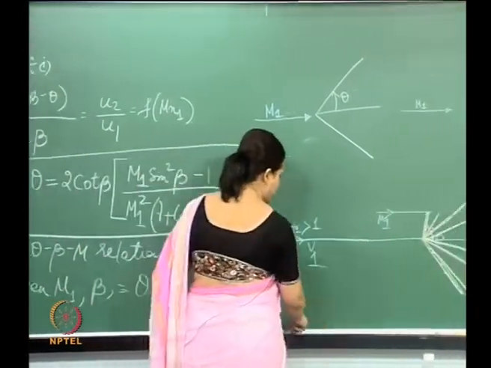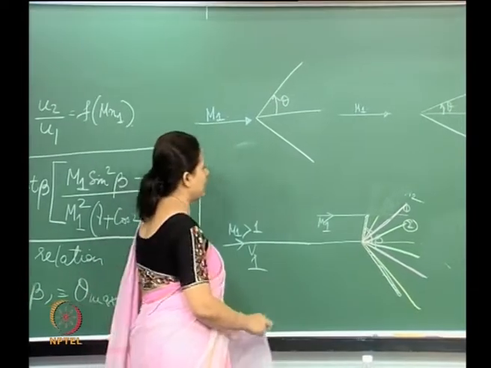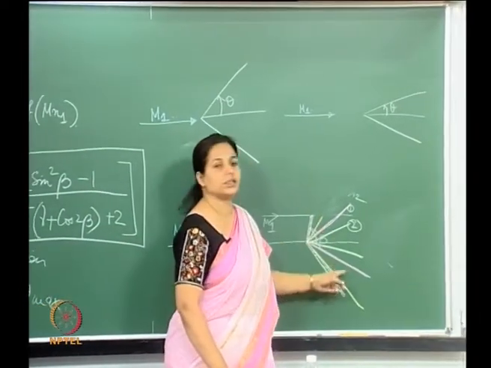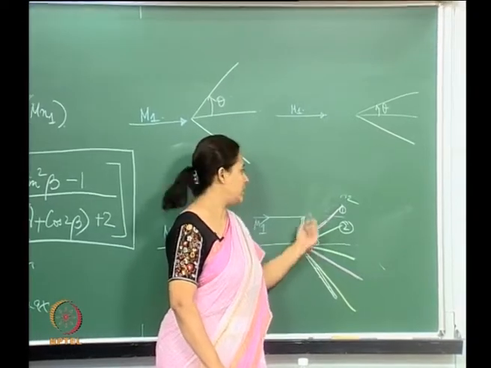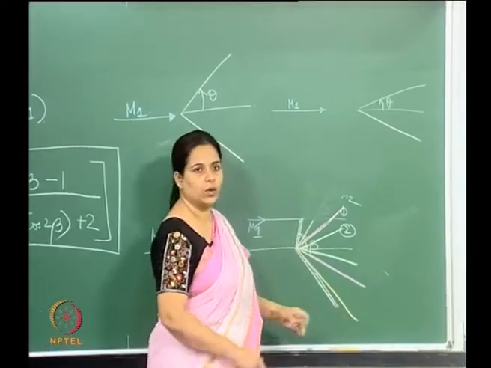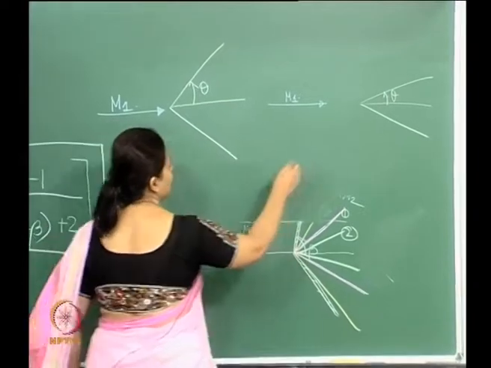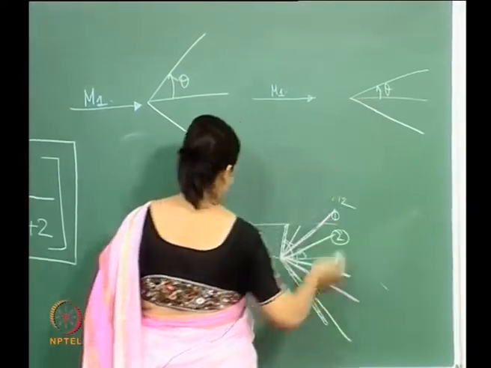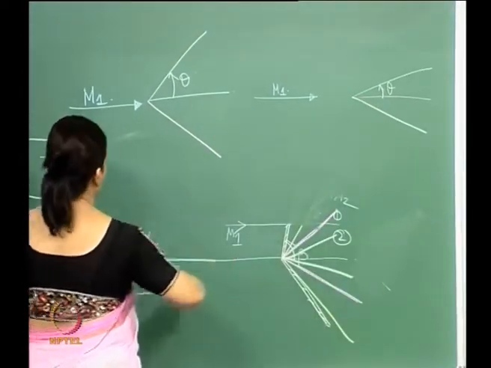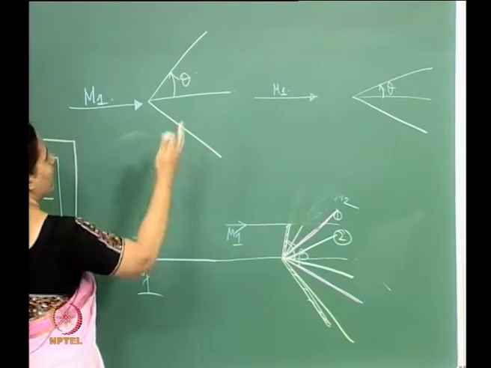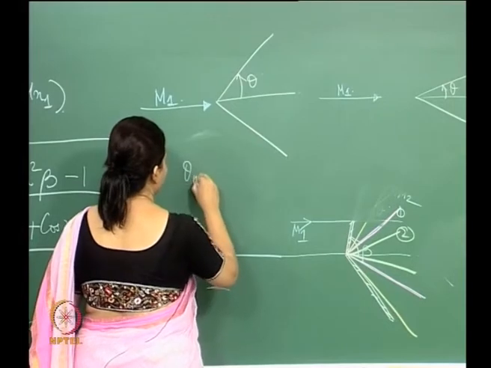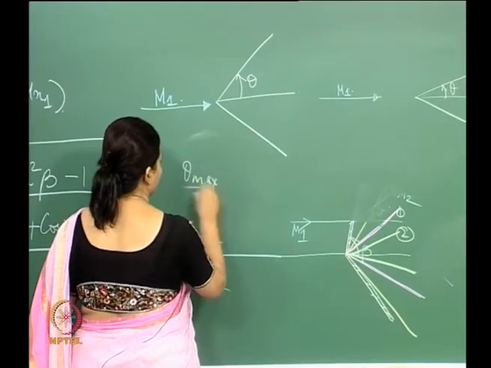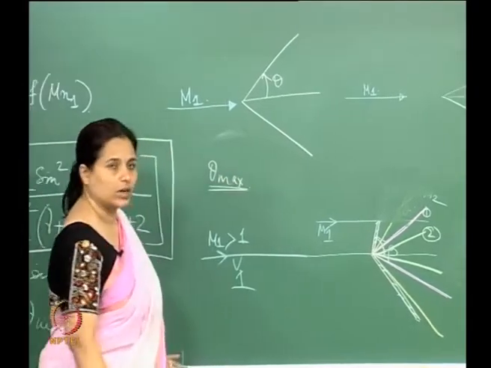If I change this theta, what happens to the geometry of the shock? For both these cases, for the given Mach number and given beta, there is a corresponding theta max.